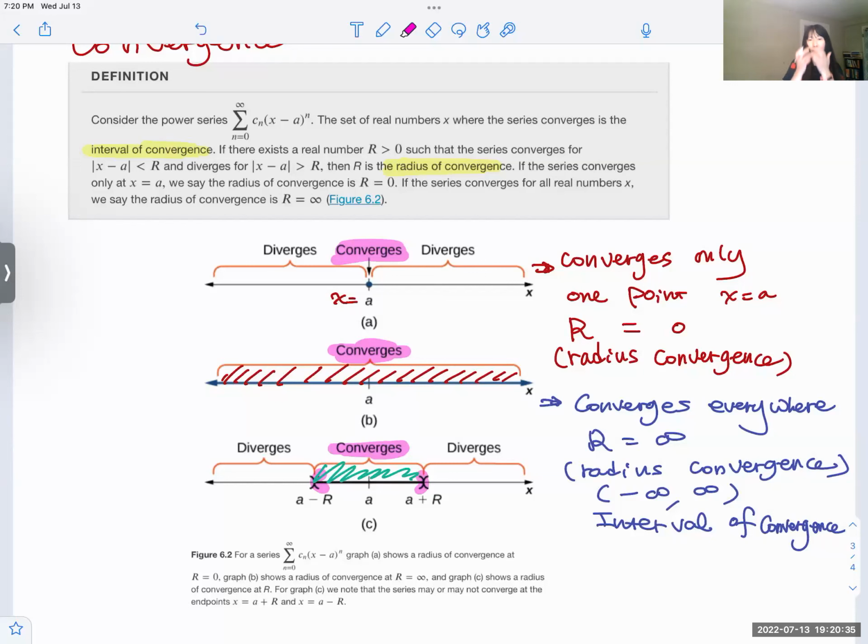If we have a in the middle, centered at a, then on the right side we have a plus R, where R is the radius of convergence, and the left side is a minus R. So that is the interval of convergence.